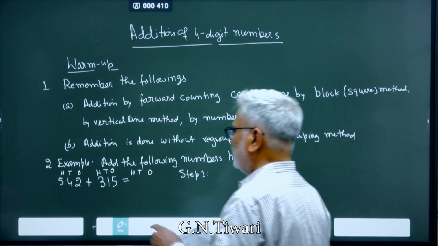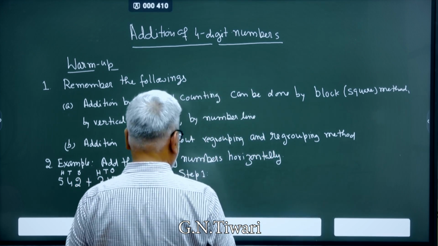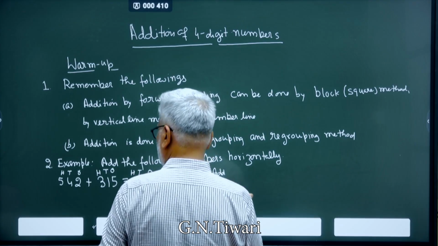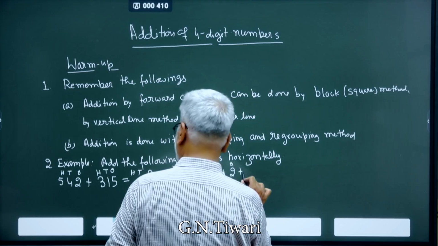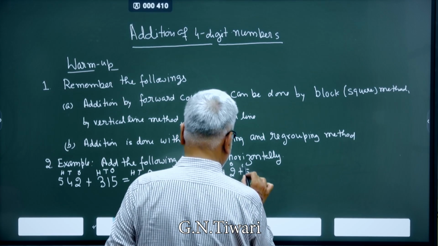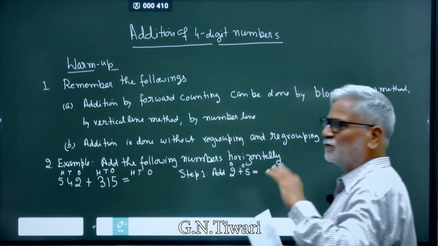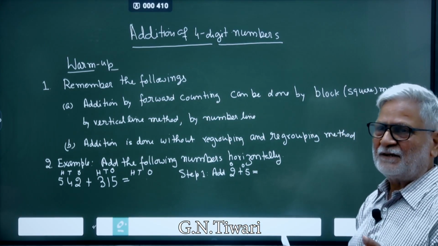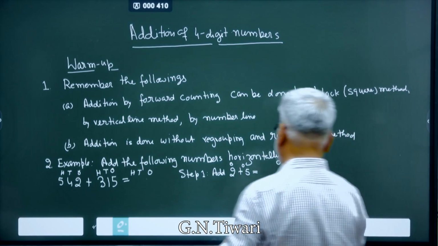So here below ones 2 and below ones 5 (it is 2 O plus 5 O). This is a single digit addition, so I am not going to mention any method. 2 plus 5, a student clearly informs it is 7. So it becomes 7 O.